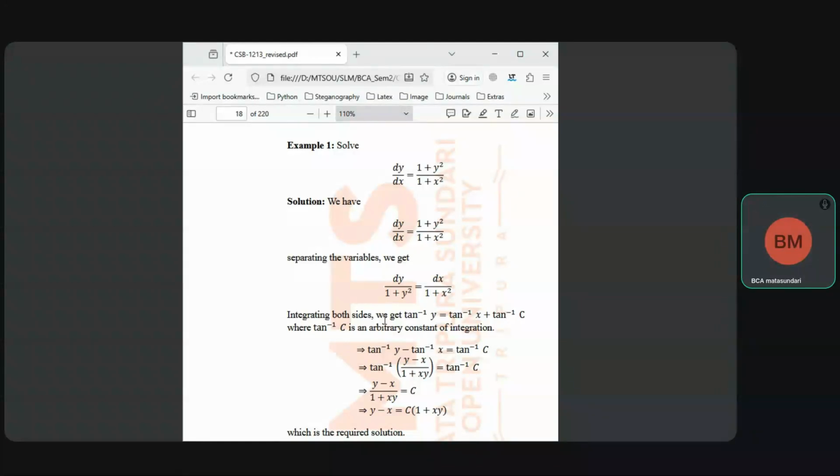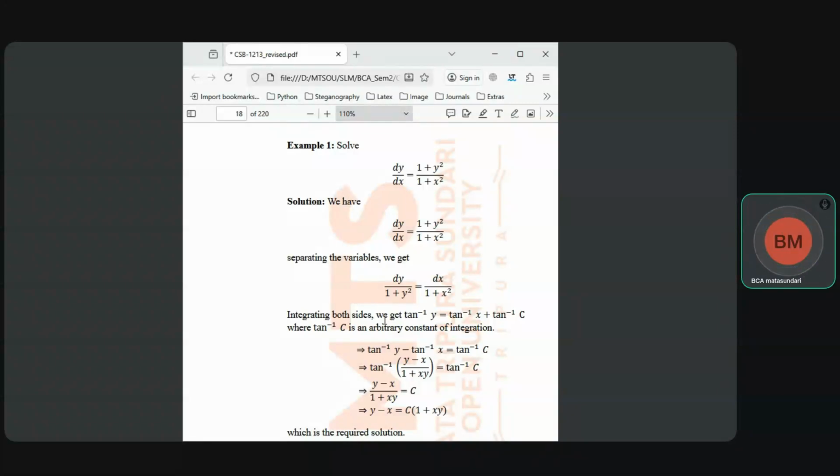Solution: separating the variables, we get y values on one side and x values on the other side. So dy by y square equal to (1 plus x) dx by (1 plus x square).